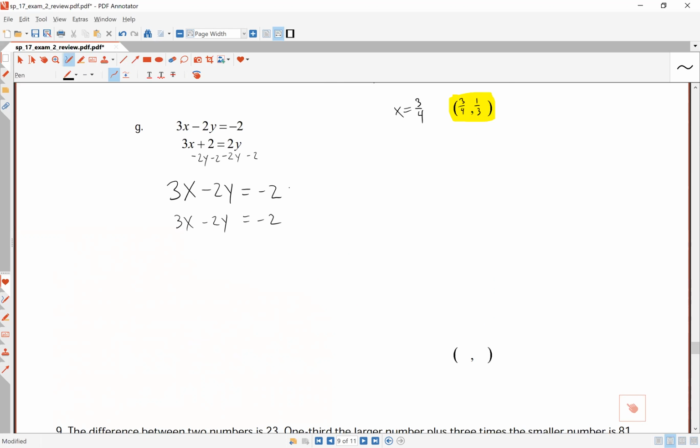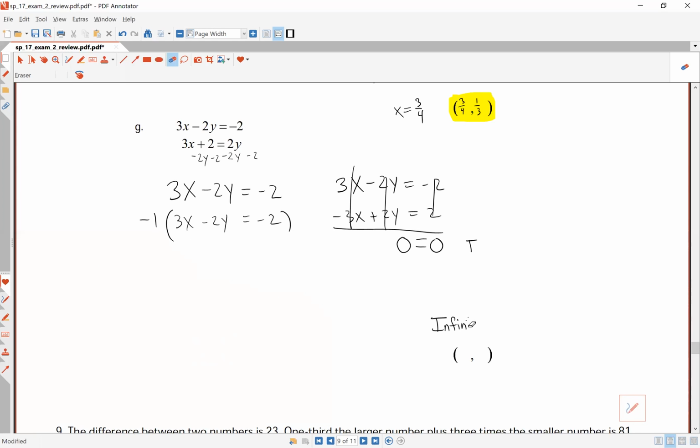These equations look identical, and once we multiply 1 by a negative 1 to eliminate the x's, we see that we end up eliminating everything. And when we eliminate all of the variables and we have a true statement, this is when we write infinitely many solutions.